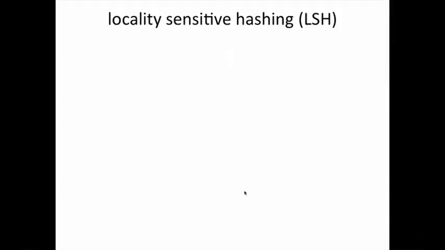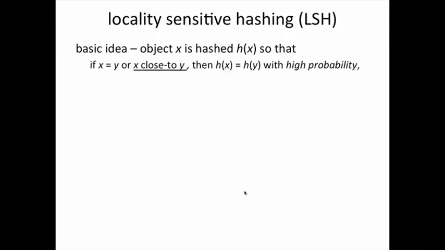Let's see how. The basic idea of locality-sensitive hashing, LSH as we shall refer to it going forward, is the following. It's hashing, so an object x is obviously hashed to something called h(x), in a manner so that if x and y are two objects, and if x is close to y, then the two hash values are equal with high probability.